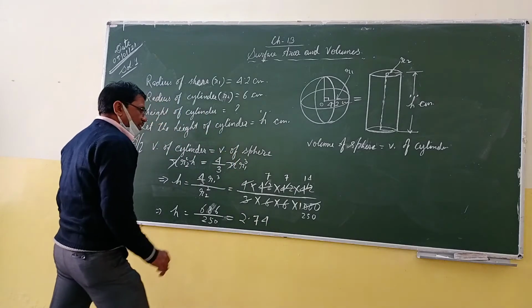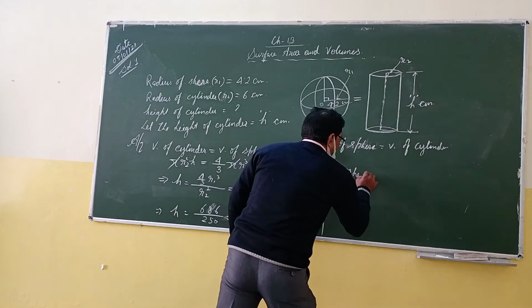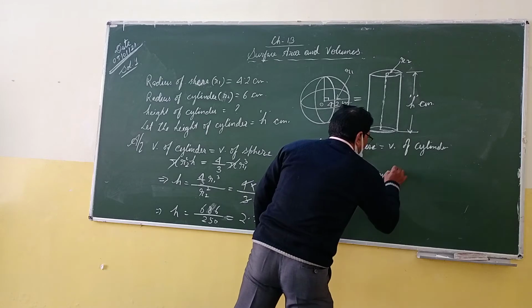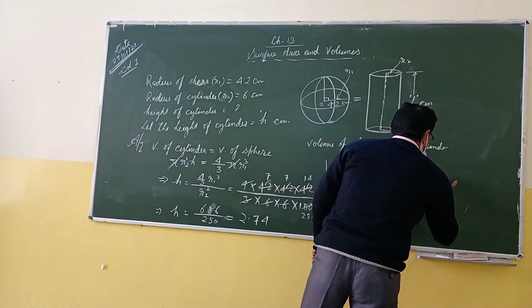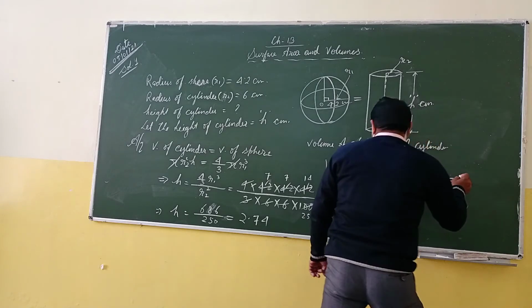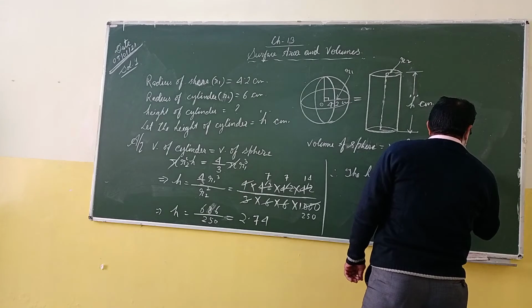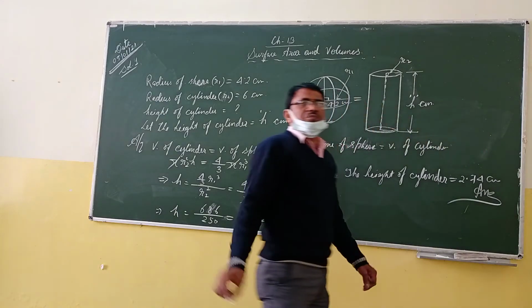At the end we shall write, therefore the height of cylinder is equal to 2.74 centimeter. This is our answer.